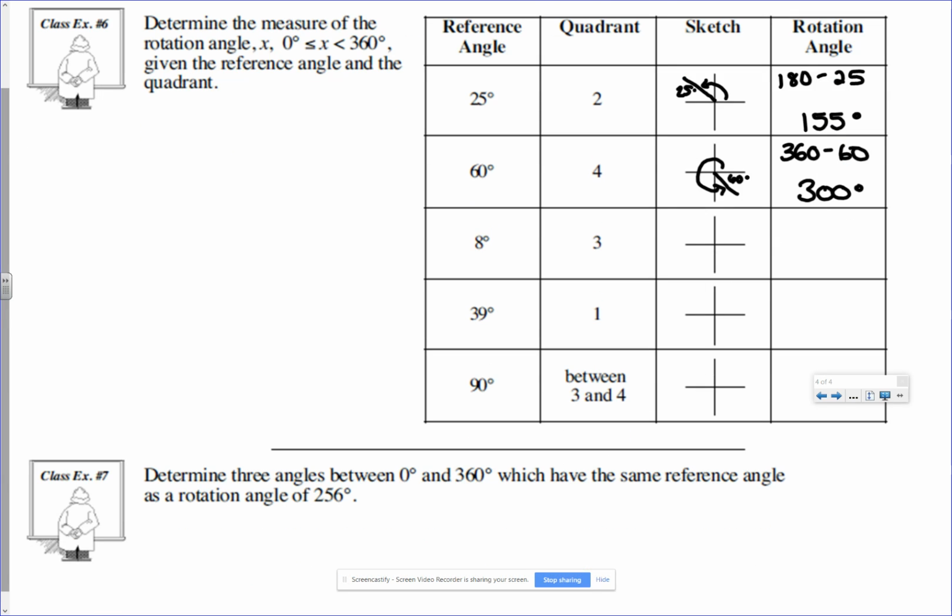And then if I went on to the next one, I have 8 degrees in quadrant 3. So that's 8 degrees. I want that measurement. So that would be 180 plus 8, which is 188 degrees.